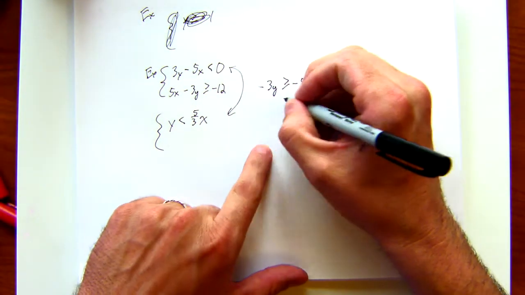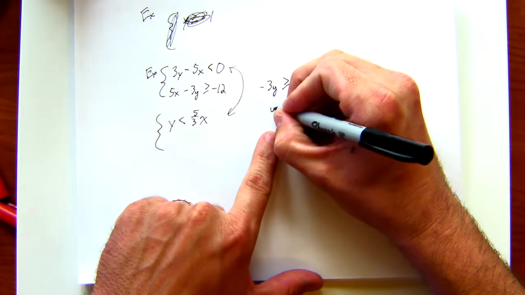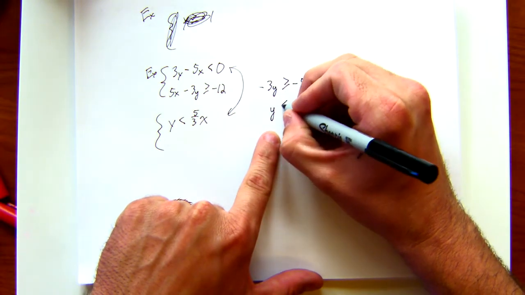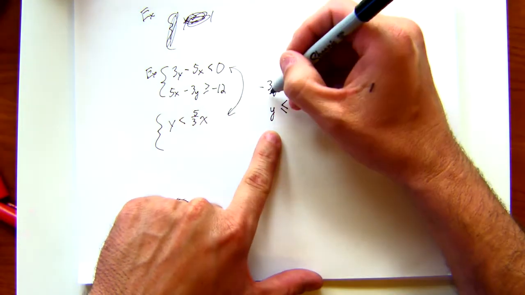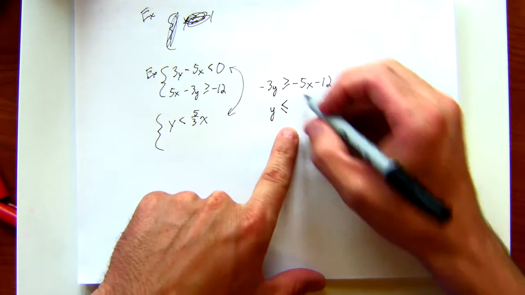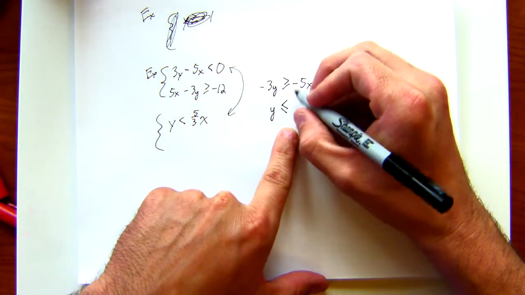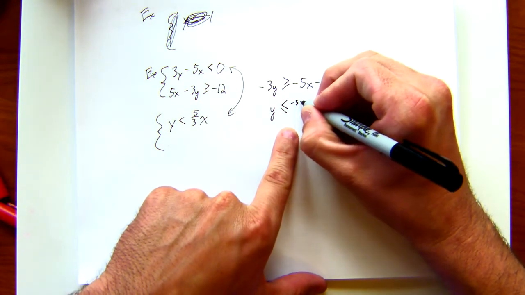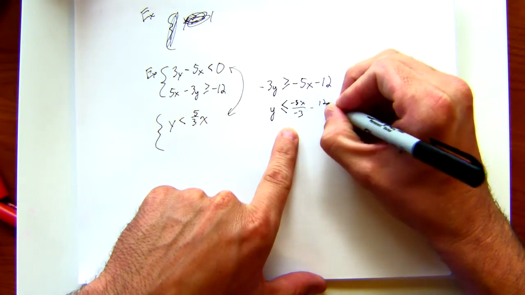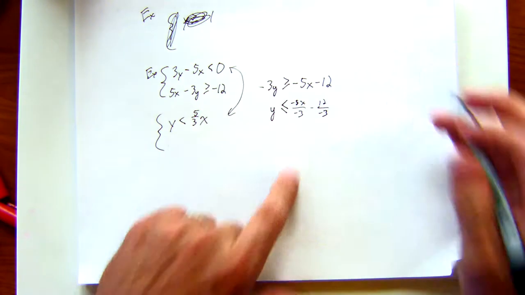Now I want to divide by negative 3, so I get y is less than or equal to. I divided by a negative 3 here, so I have to change this sign. And then it's going to be negative 5x over negative 3 minus 12 over negative 3.